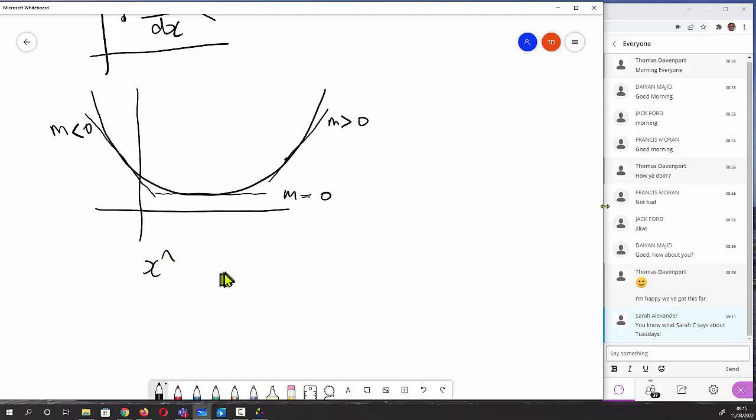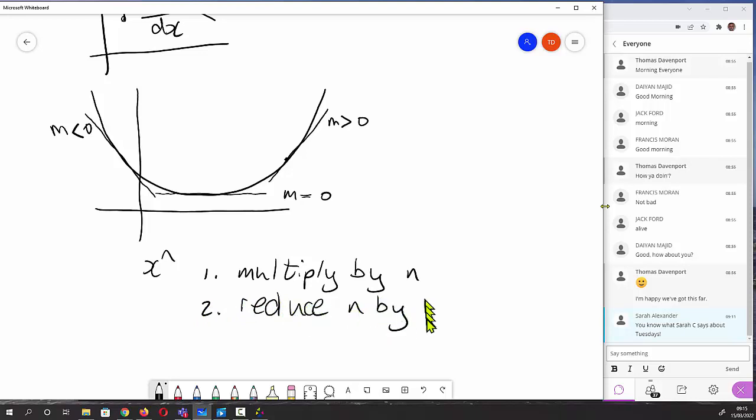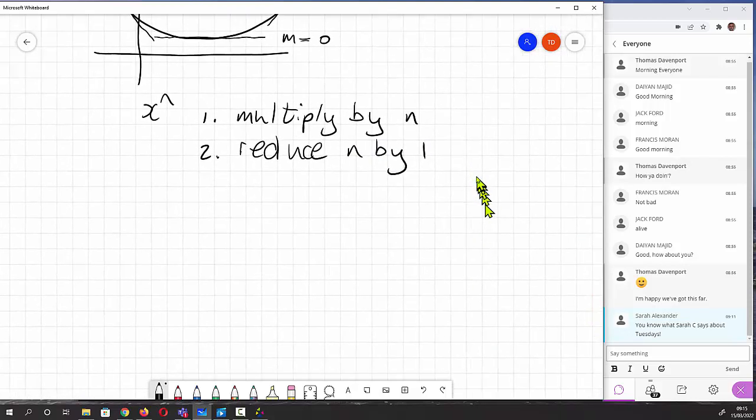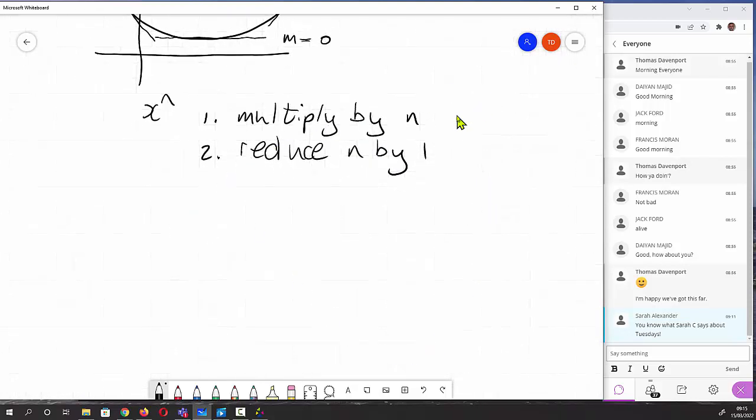So to differentiate, we multiply by n, and then we reduce n by 1. So we have a variable n, we multiply by n, and then we reduce it by 1.